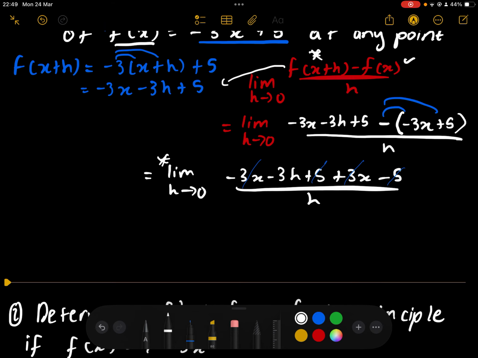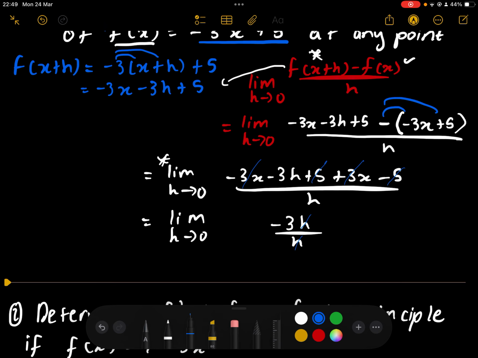And what are we left with now? We are left with the limit as h tends to 0 of negative 3h all over h. In this case, the h will cancel the h.